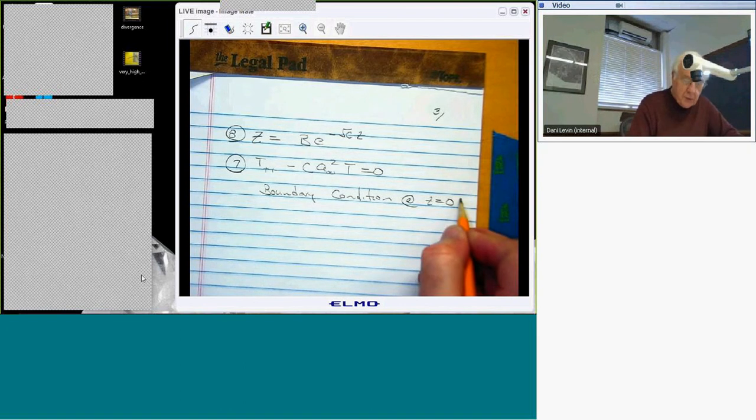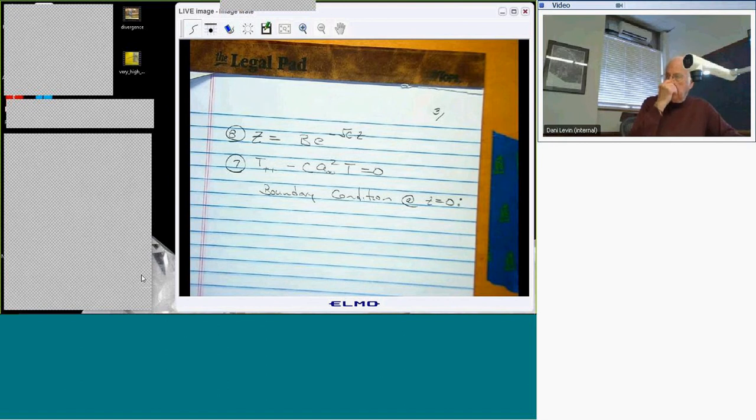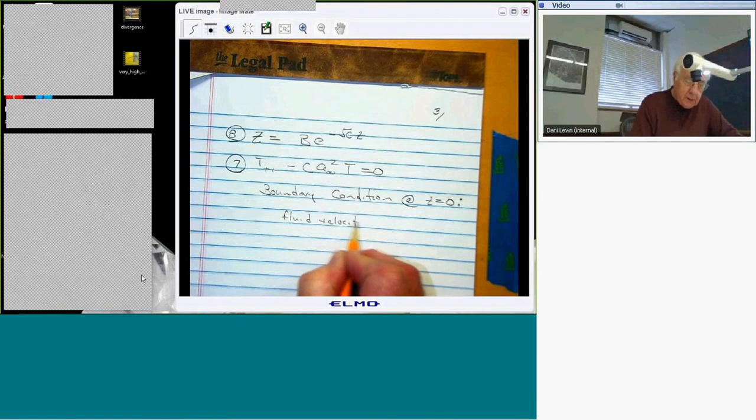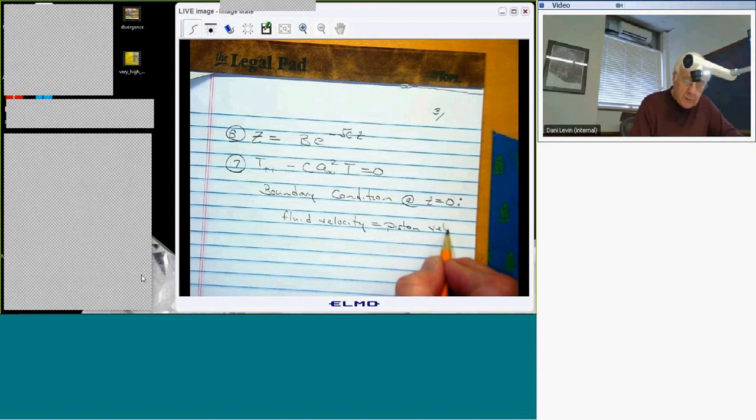So what's the boundary condition on the face of the piston? Well, it's that the fluid velocity, and this is in physical terms, the fluid velocity equals the piston velocity on the face of the piston.